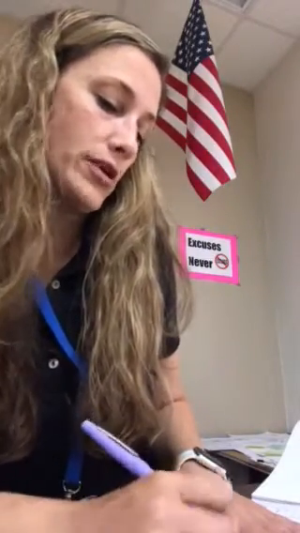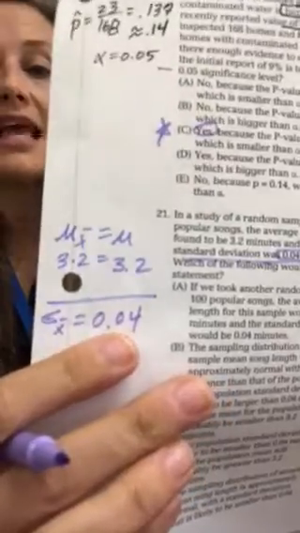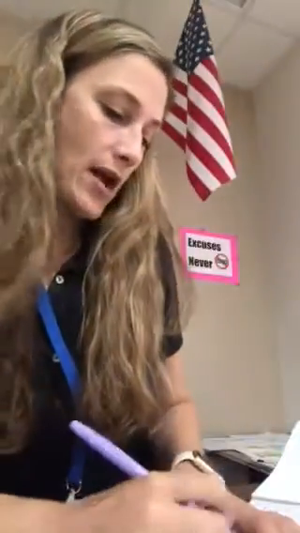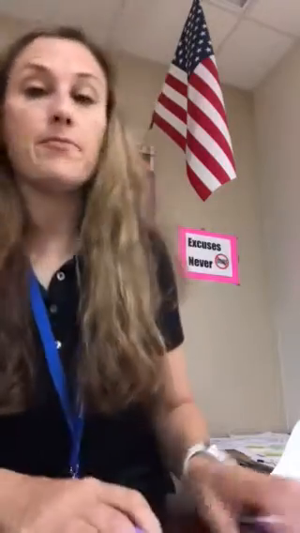The other thing I know is they told me the sample standard deviation is 0.04. So sigma x bar is 0.04. I'm not going to call that sigma because they specifically said that's the sample distribution. Now writing my formula, sigma x bar is sigma over the square root of n.